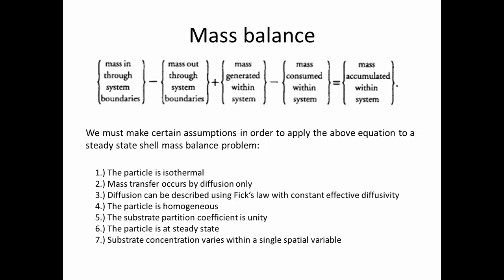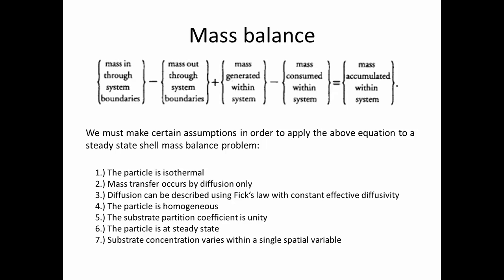So we make certain assumptions, however, in order to apply our mass balance equation to the steady state shell mass balance problem. We assume that the particle is isothermal, because temperature changes can certainly affect diffusion, and it is much simpler to assume that we have an isothermal particle, and we usually do. Maybe in rare cases we don't.